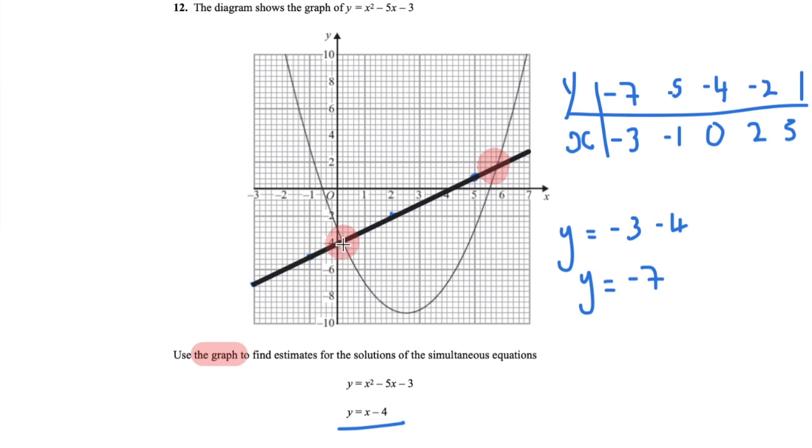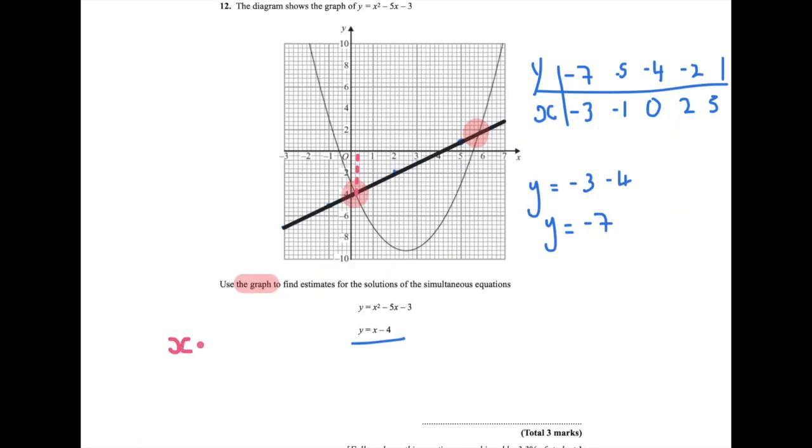So if we draw up from this point where they cross, I'd say we've got x equals like 0.3. Like I said, my lines are a bit thick, so if you were doing it with a proper sharp pencil, it'd probably be a bit more accurate. And then we've got y equals -4. But you get the point. So not -4, not 0.4.